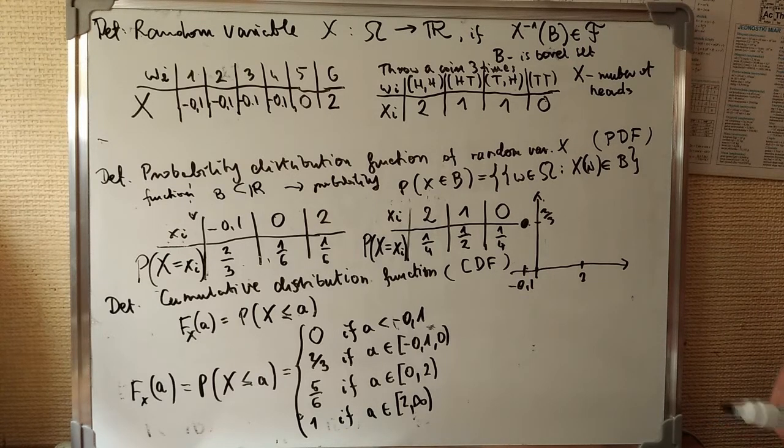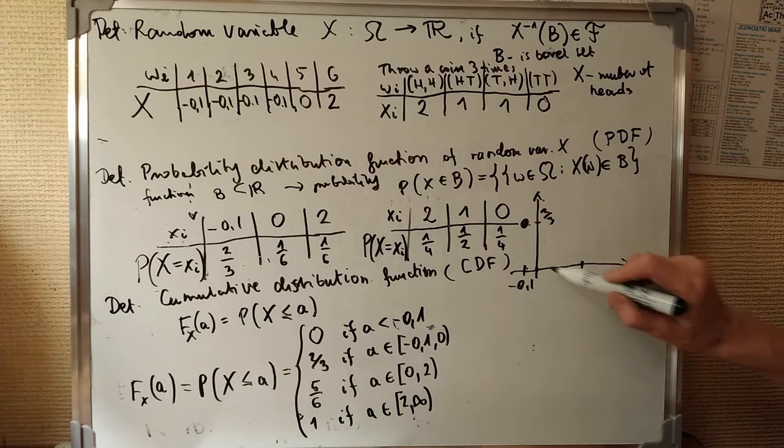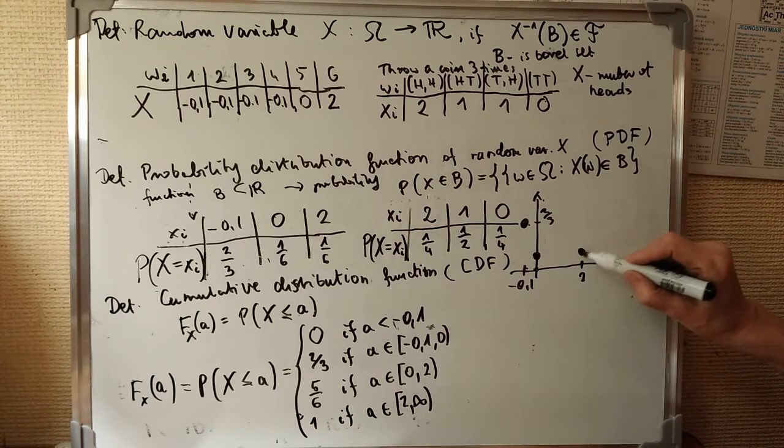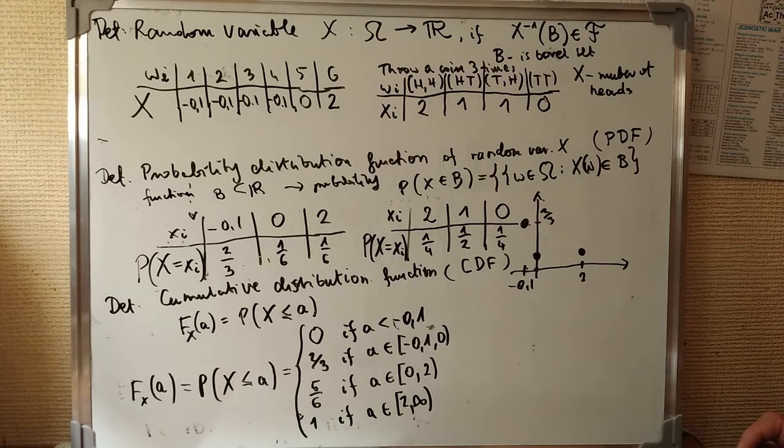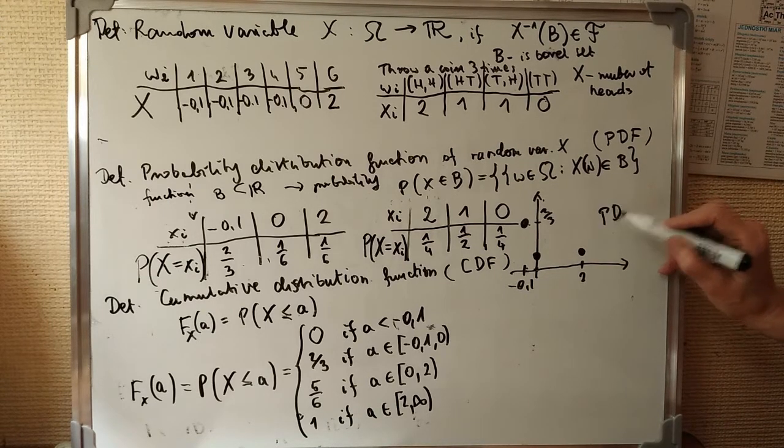Then we have 1/6 here and 1/6 here. So this is the probability distribution function graph.